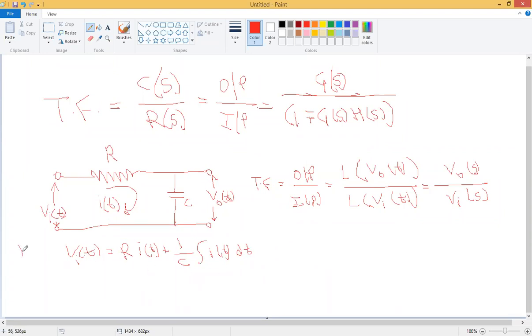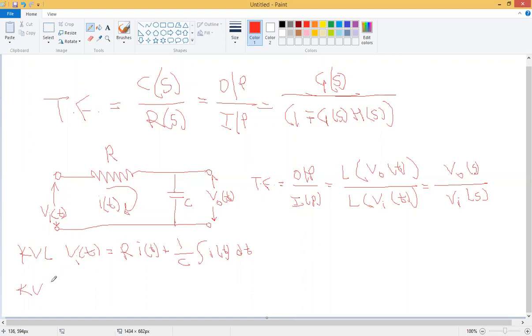After applying KVL here to the input side, Vi of t is equal to R into I of t plus 1 upon C integration of I of t dt, as this is a capacitor. So this is KVL at the input side.